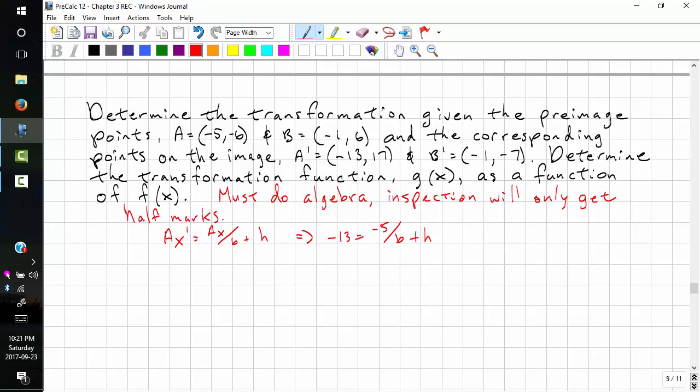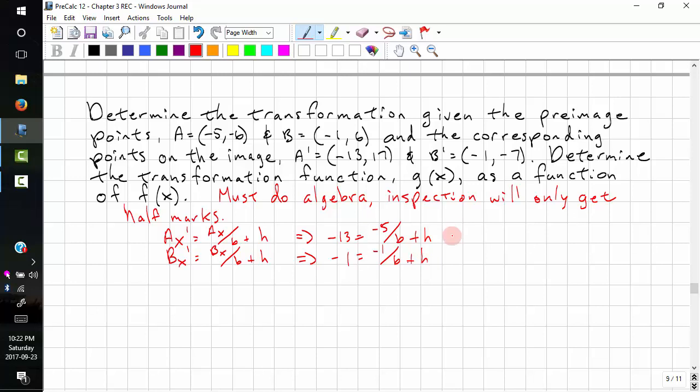That gives us one equation. We have our other equation, bx prime equals bx over b plus h. And we substitute that, and we get -1 and -1. So -1 equals -1 over b plus h.